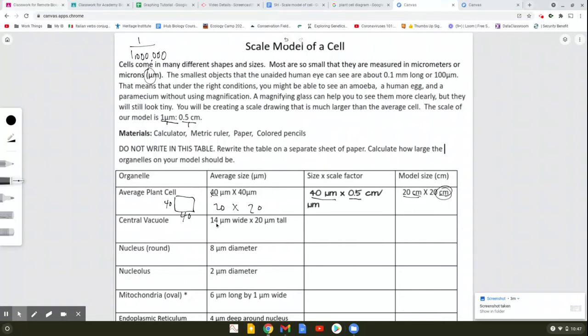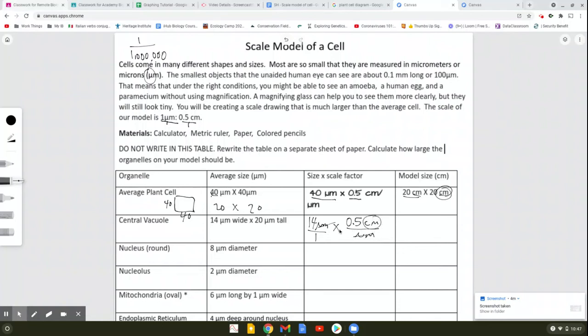So again, we're basically just going to take this. Actually, let me show you the math. So 14 micrometers. That's like saying 14 over 1, which is itself. So we're going to multiply that by 0.5 centimeters per micrometer, and the micrometers cross out.